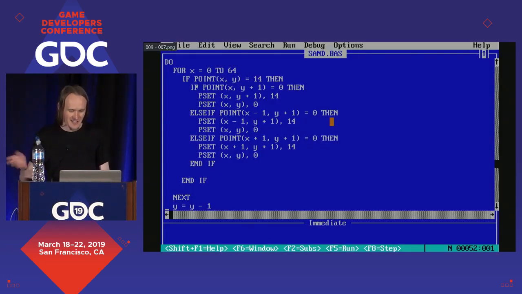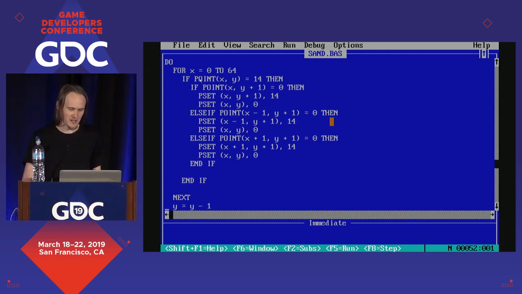So back in the 90s, I got started in Quick Basic, and I discovered in Quick Basic that you can put a pixel onto the screen by pset, and you can ask for the color of a pixel by point. So you point at something, and you ask what the color of that is. And with this amazing technology, I was able to essentially write a sand simulation.